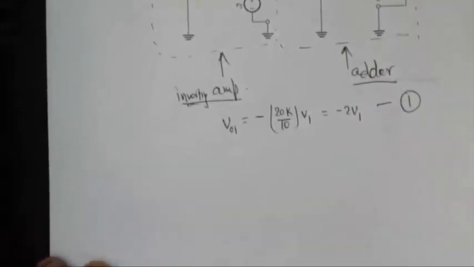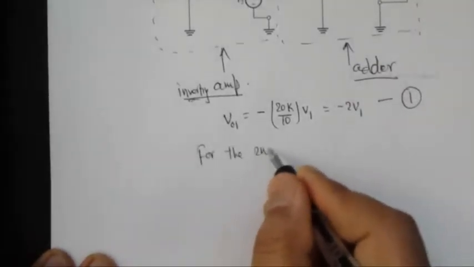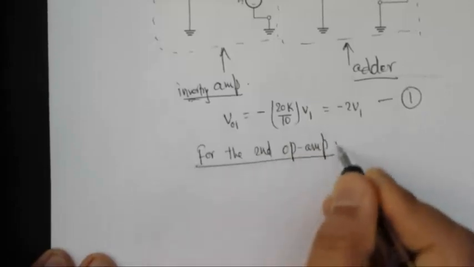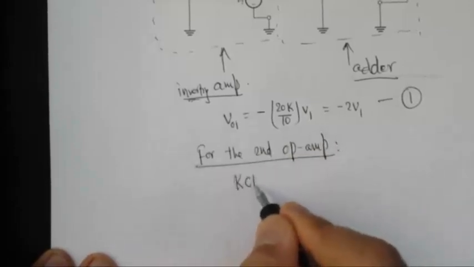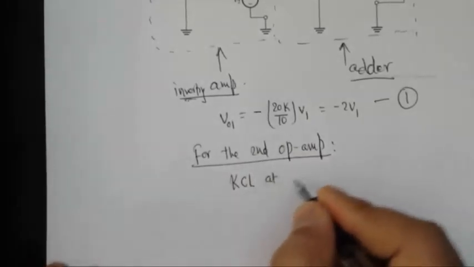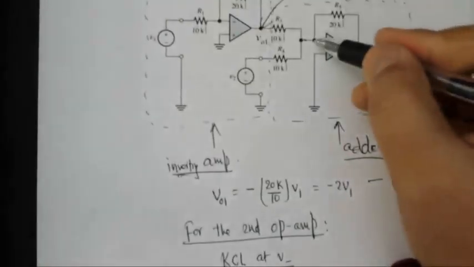Now for the second op amp, apply KCL at V minus. So I'm going to apply KCL right here.